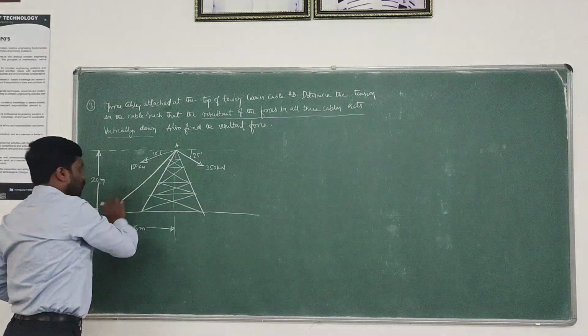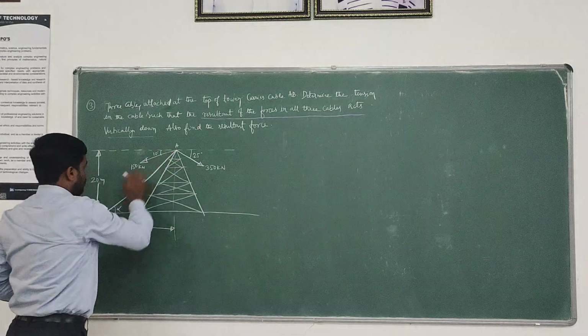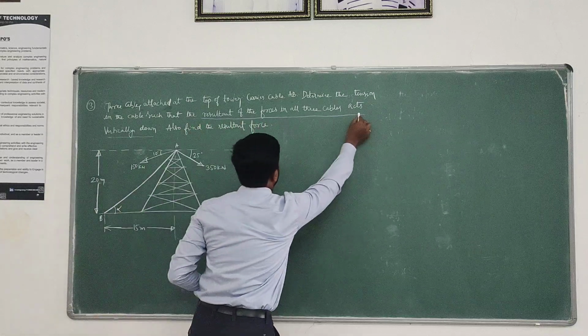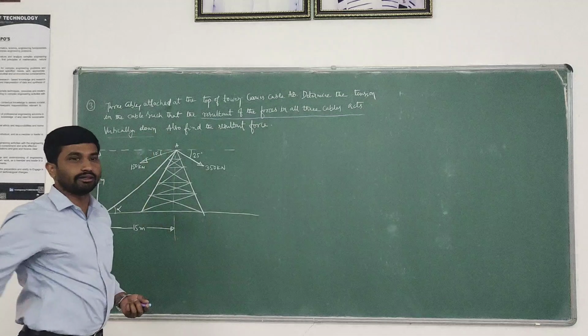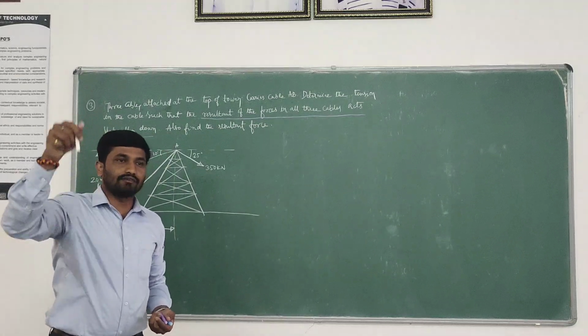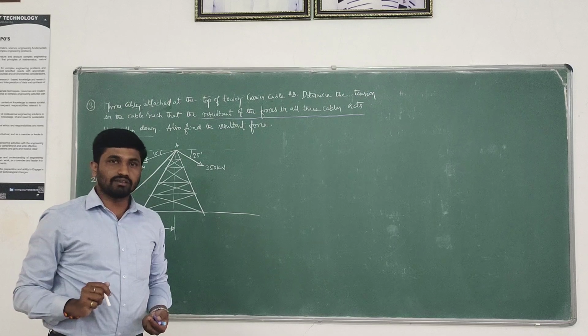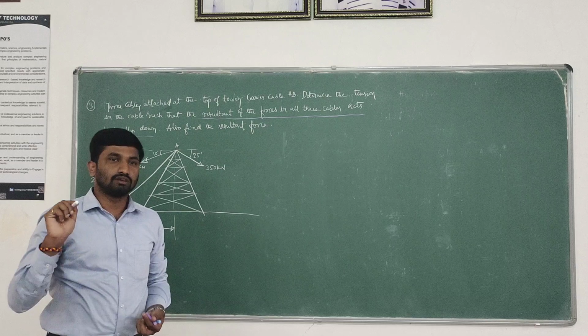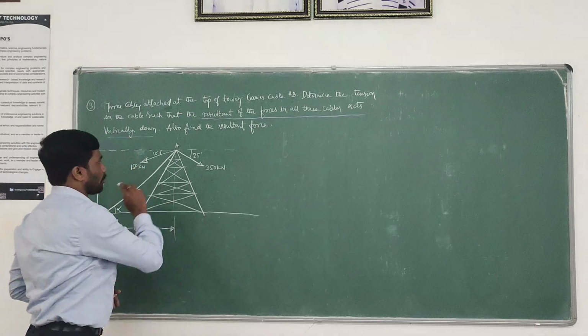The third cable force is the unknown, that is AB. The condition given is that the resultant of all three forces acts vertically down. What does it imply? All forces acting vertically down means sigma Fy is the resultant and sigma Fx is 0. This is very, very important.